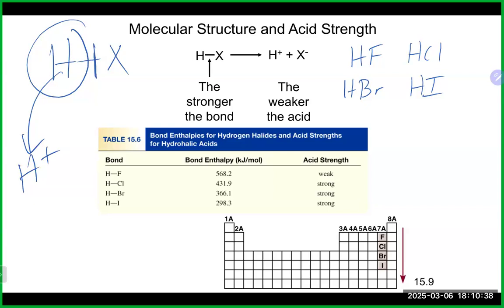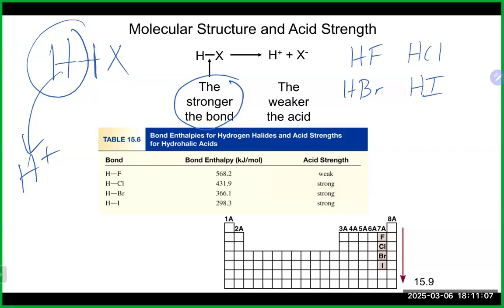So basically the ability to get rid of that H plus and let it go. That means that the stronger this bond is, the weaker the acid's going to be, because not a lot of it's going to come off, right? The weaker that bond is between the hydrogen and whatever it's attached to, like the chlorine, the fluorine, whatever it may be, it's actually going to be a much stronger acid because it's not going to take as much energy to pop off the hydrogen for it to do its acid thing.